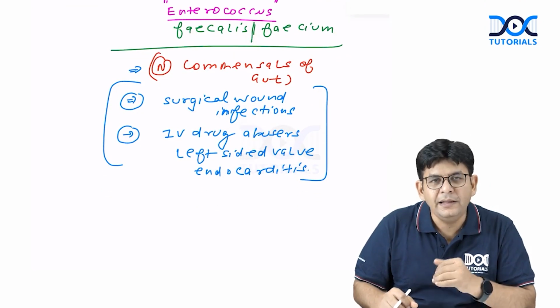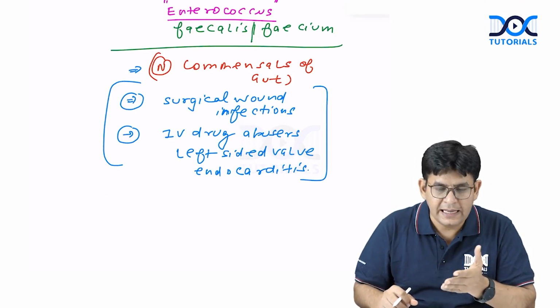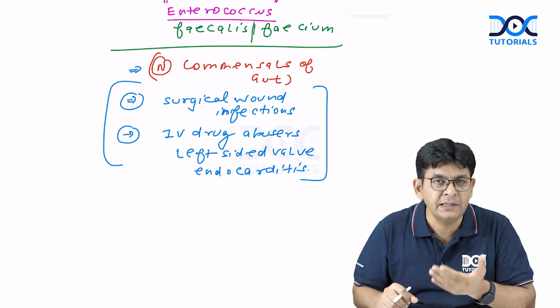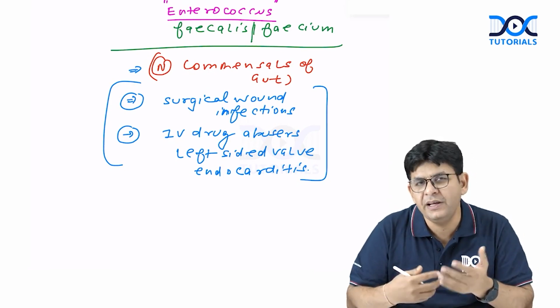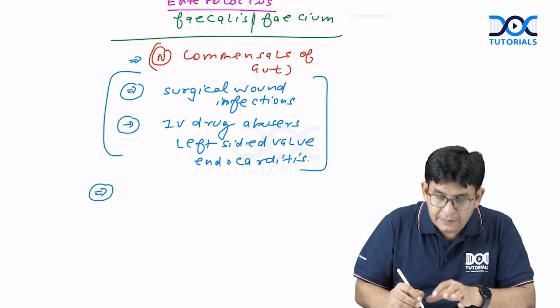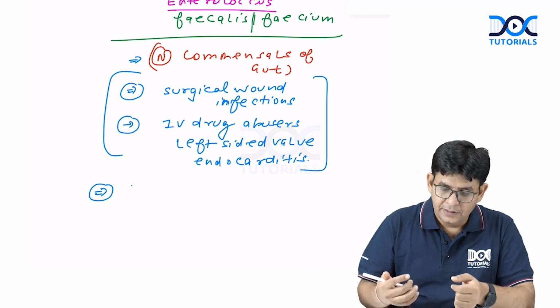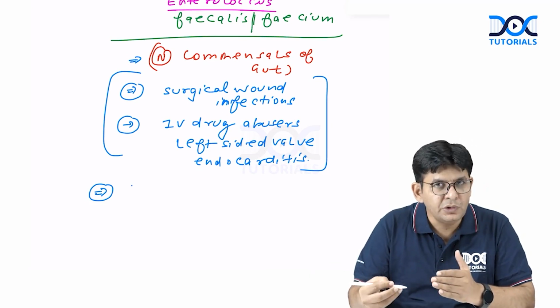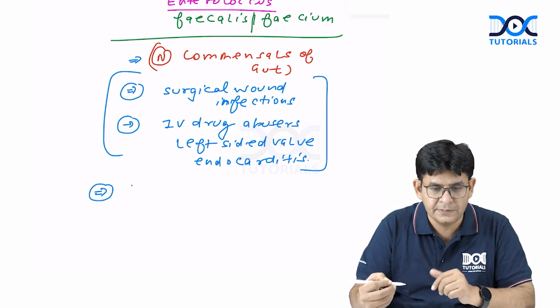Now, why have they become so relevant now? The problem is, as such, they were normal commensals, but they have the property to recruit resistance by various means. And because of this property only, they are becoming day by day resistant to a number of things.